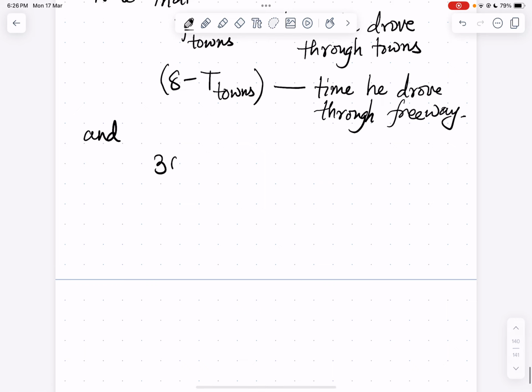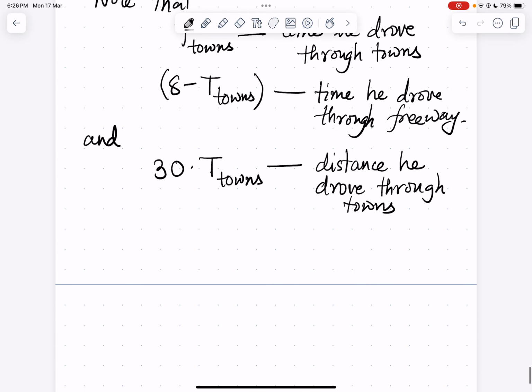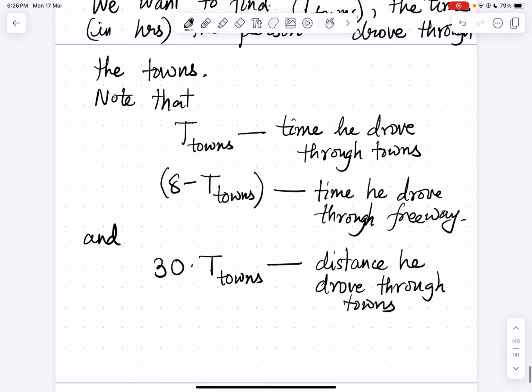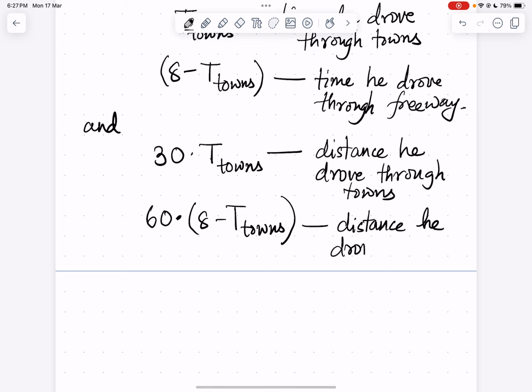So 30 times t towns is the distance he drove through towns, and 60 miles per hour is the average speed on the freeway, right? So 60 times 8 minus t towns is the distance he drove through freeway.